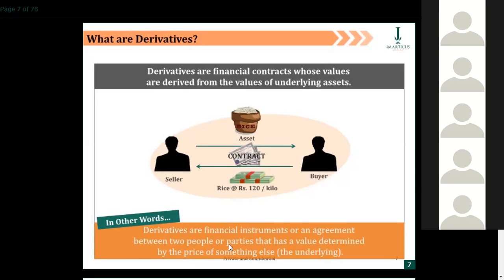So they can buy the entire lot, or entire future contract, at the same rate, that is 120 rupees per kilo. 1000 kg of rice can be bought at the same rate, and the buyer can even sell it in the open market later when the price becomes 150 per kilo. Or he can also use it, because if he requires a constant supply of rice for his manufacturing unit, if he's a business owner, then probably he would not be selling it. He has made it for a business requirement, right?